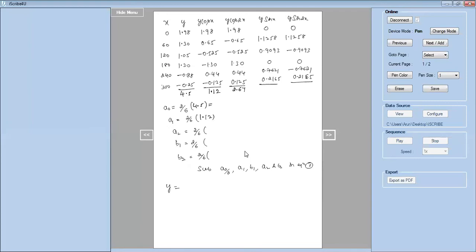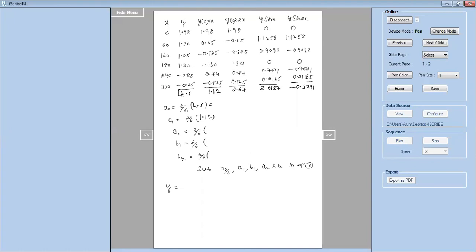Y sin x is 3.0137. 3.0137, okay. Y sin 2x is minus 0.3291. Okay, so we got the summation values.